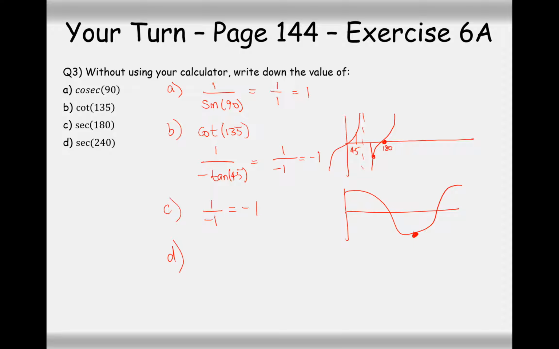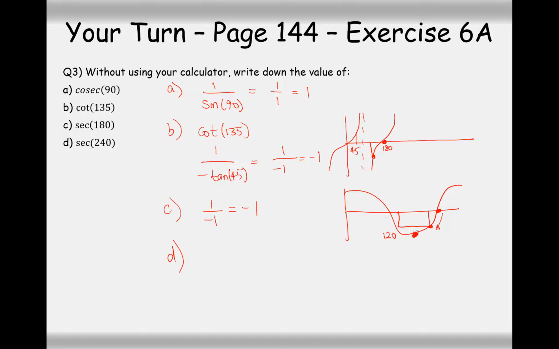And sec of 240. Well, this is the 270 marker, so 240 is going to be somewhere here. This is going to be the 180 marker, so it's going to be 90 up, we've gone 30 backwards, 90 upwards, this is going to be 120.